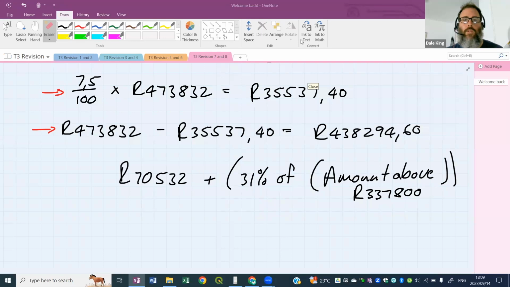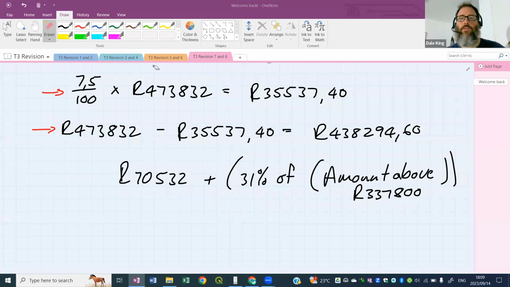Please, you're welcome to go, but please try and come back. Tandro, 175,000. Have we got the answer already? What math do I need to do? That's no problem, Razan. I've got to find the amount above 337,000. How much is this 438,000 above 337,000? What math do I need to do there? You can type it in chat quickly.